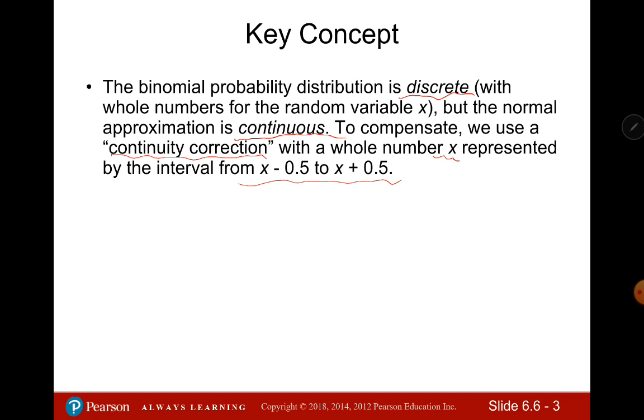So an x value in the binomial distribution will be an interval in the normal distribution. This is called a continuity correction. Again, a single x value in the binomial distribution will be converted to the interval x minus 0.5 to x plus 0.5 in the normal distribution.